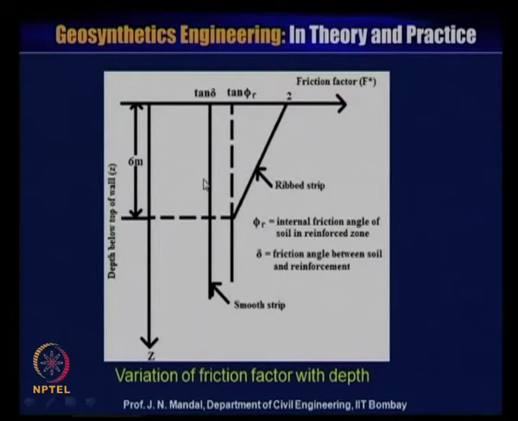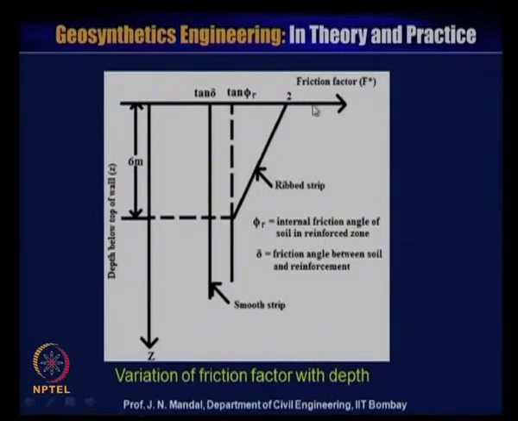If we look at this figure, this is the rib strip, and this figure shows the variation of friction factor with depth. This is tan phi r, this is tan delta; phi r is the internal friction angle of soil in the reinforced zone and delta is the friction angle between the soil and the reinforcement.